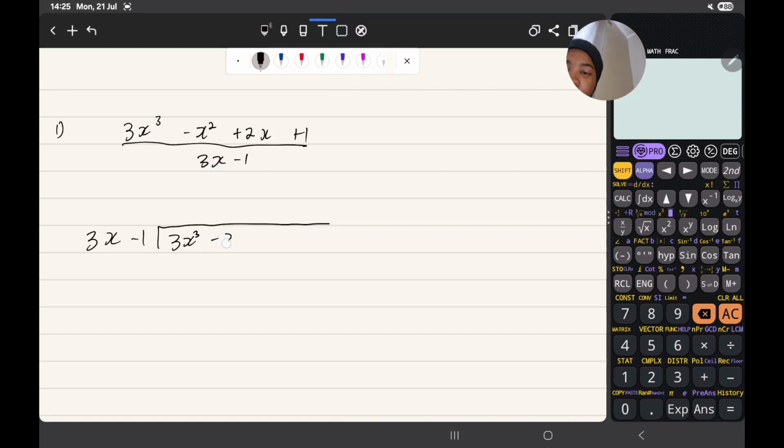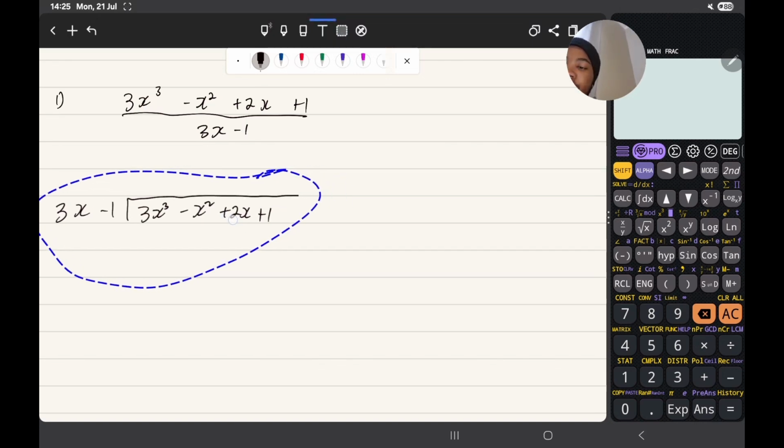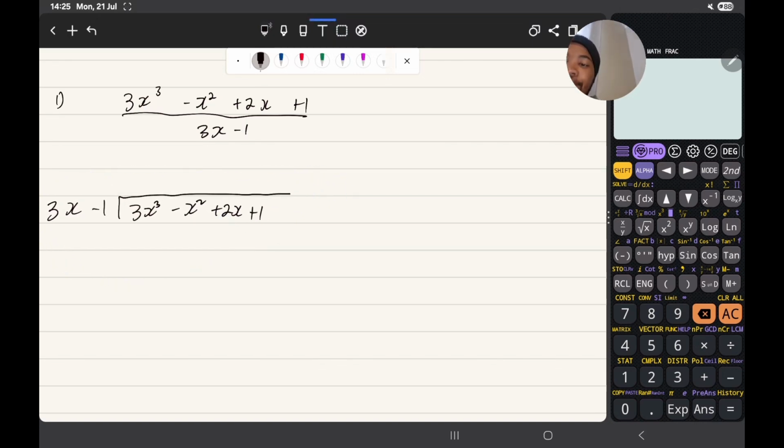All right, cool. So with what we have right now, you have 3x minus 1. We focus on 3x over 3x. Now that's what we do.